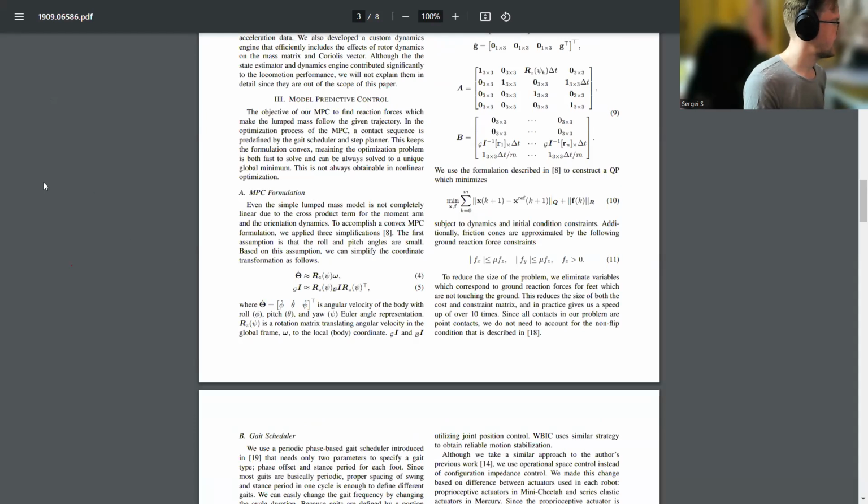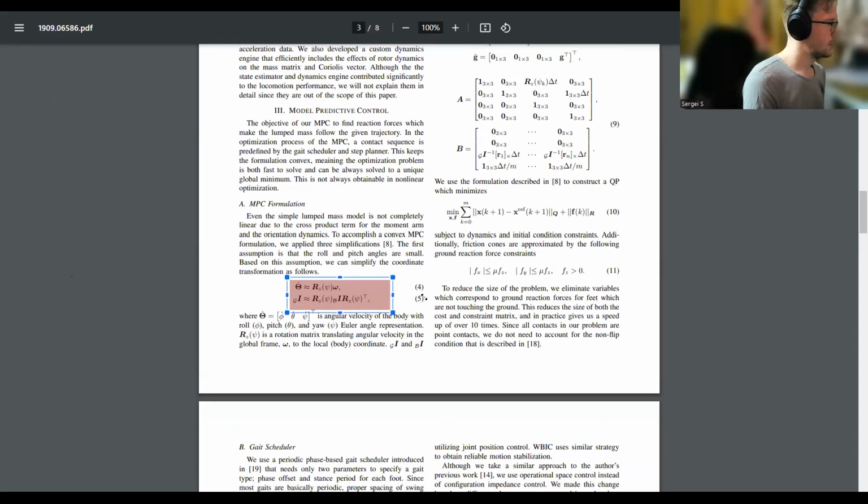Now, here is their justification for going to a simplified rotational model. And notice that they have this subscript Z. This is because they specifically discuss which type of orientations they allow. They only allow yaw. Out of roll, pitch, yaw angles, they only allow yaw.